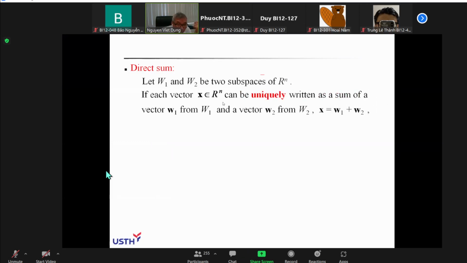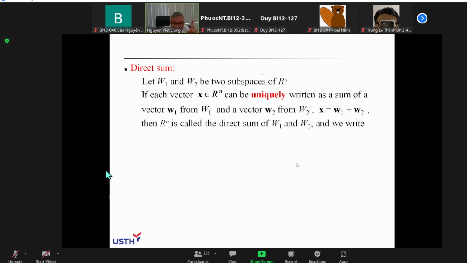If each vector x of Rn can be written uniquely as a sum of a vector w1 inside W1 and w2 inside W2, that is, we can write x equals w1 plus w2 like that, but in only one way, uniquely, then the space Rn will be called the direct sum of W1 and W2.